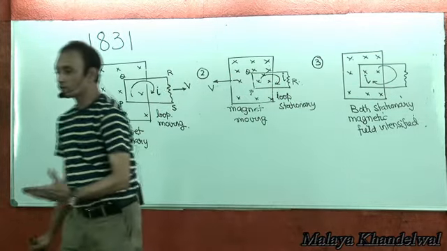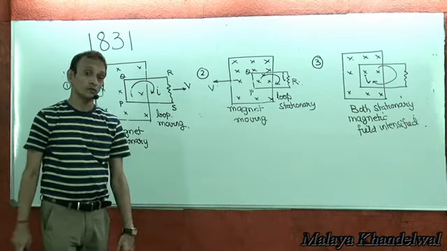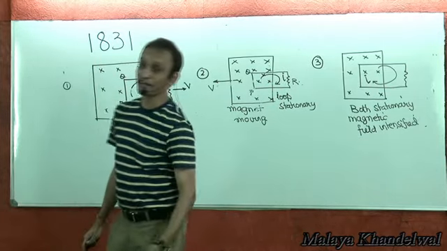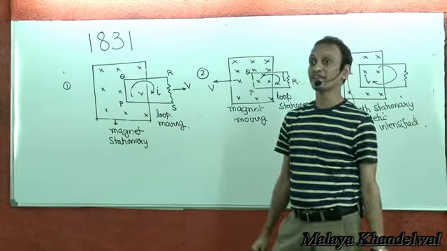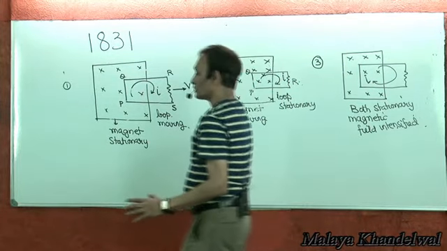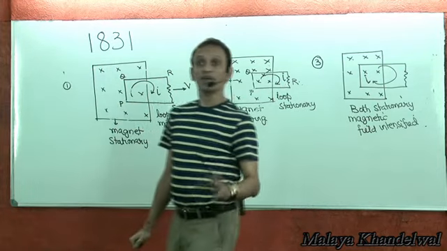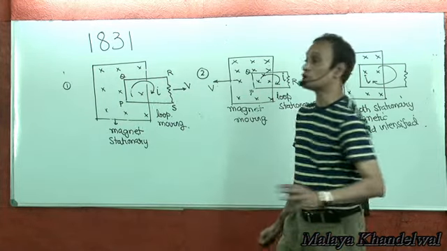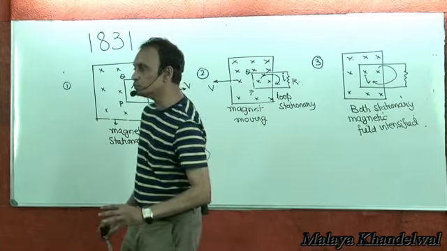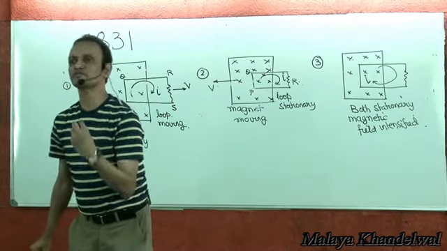Now, the genius of Faraday, the ingenuity of Faraday, then said, well, every time there was a change in flux associated with the loop, there would be an EMF generated.